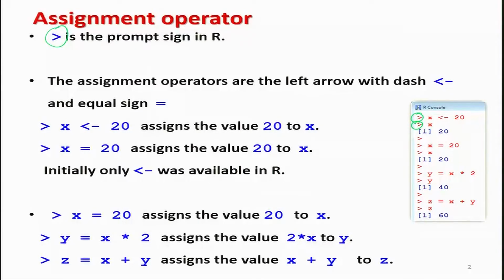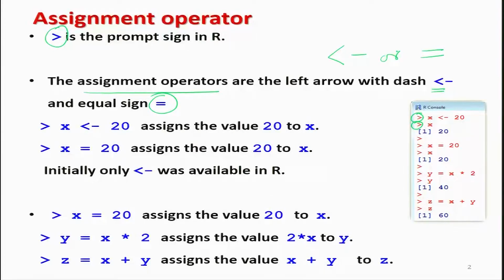Now after this, when we consider the problem of how to assign a value to a variable, the assignment operator in the case of R software, there are two assignment operators. One is like this, left arrow and dash, and the second operator is the usual equality sign like this one.